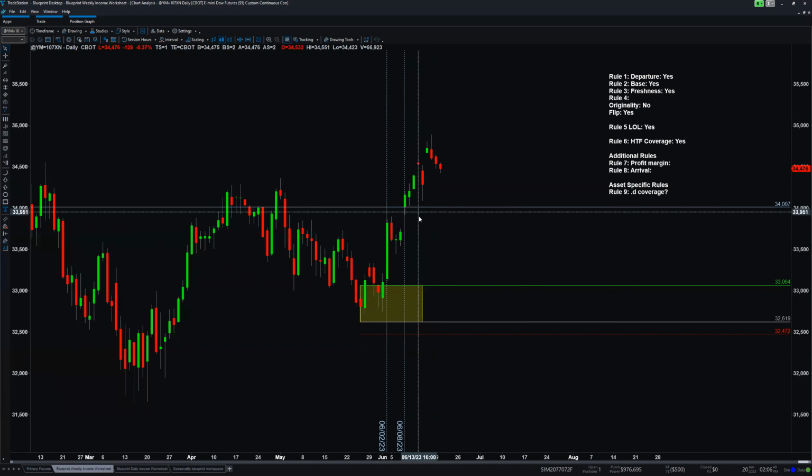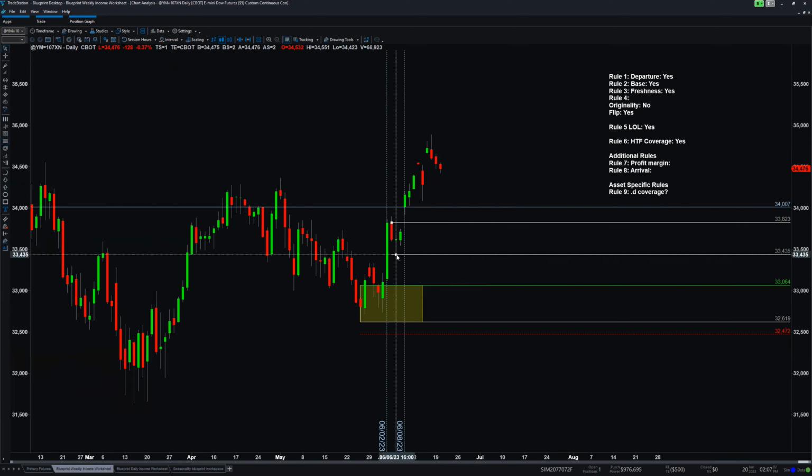So now I'm going to put my proximal at the highest base of the basing candles, and I'm going to put my distal at the lowest wick of the basing candles, including the leg in. In this case, the leg in is higher than the lowest base, the lowest wick of the base.